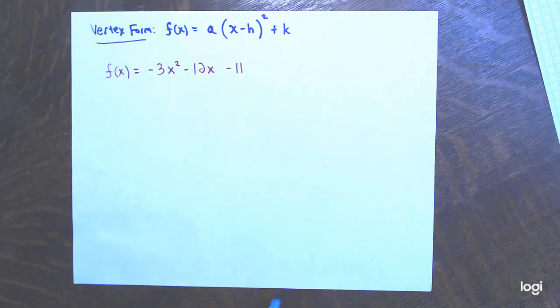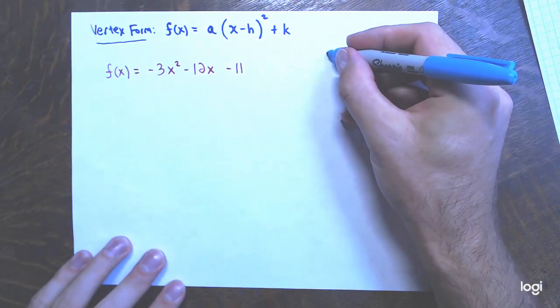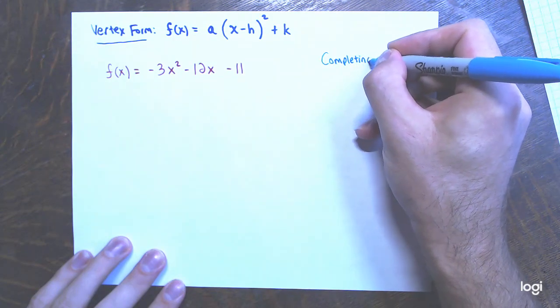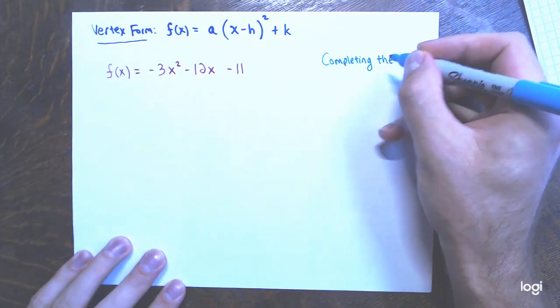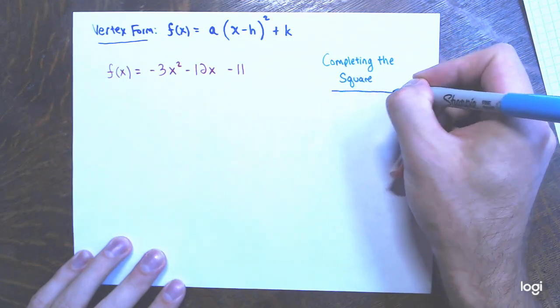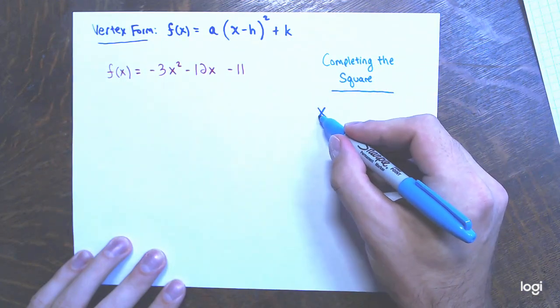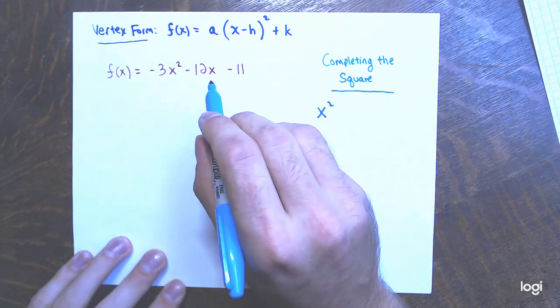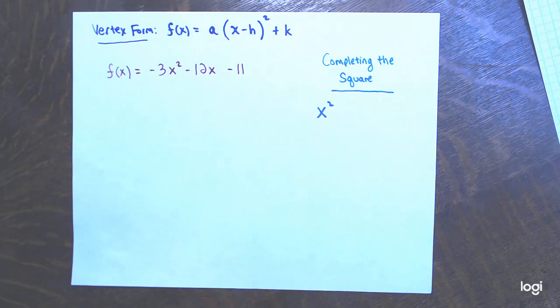Alright, so I remember completing the square. I'll just do a quick refresher off to the side. That was when I had 1x squared, 1, not negative 3. So this is an issue here. We're going to have to take care of that issue in a second.